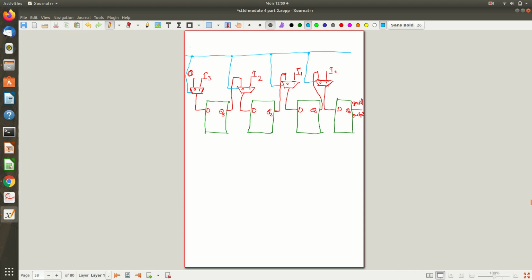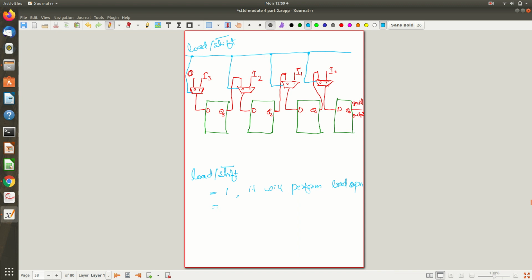Now what is the value I should give here? This is my load/shift bar control line. What is meant by this notation? Load, or shift bar. This is a single line, right? If this line is equal to 1, it will perform the load operation, I mean the parallel load operation.